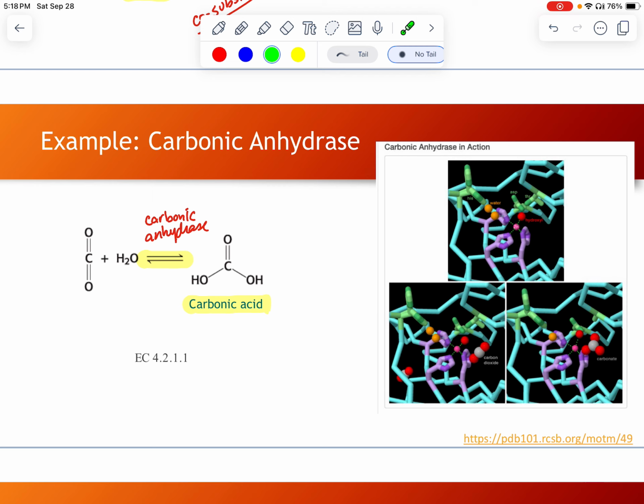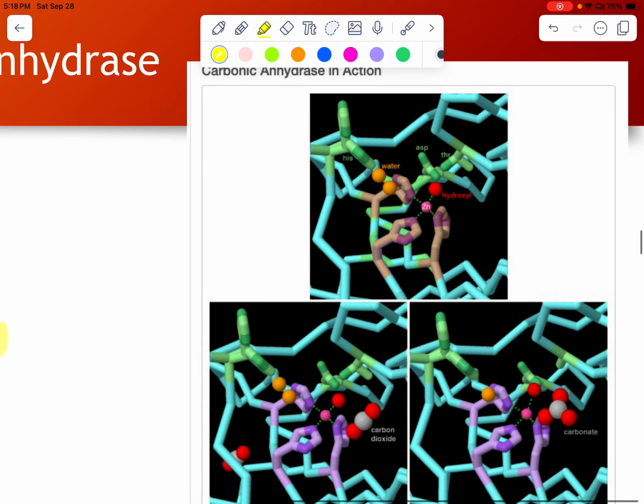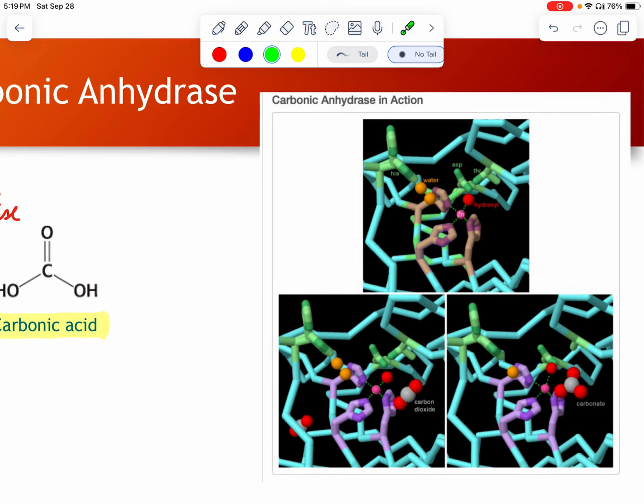If we look at what's happening over here, you can see that the carbonic anhydrase has three histidine rings. These may not show up on the picture, but you can see one there, and one there, which I just colored in. If we expand this, you can see the water molecule shown in orange.